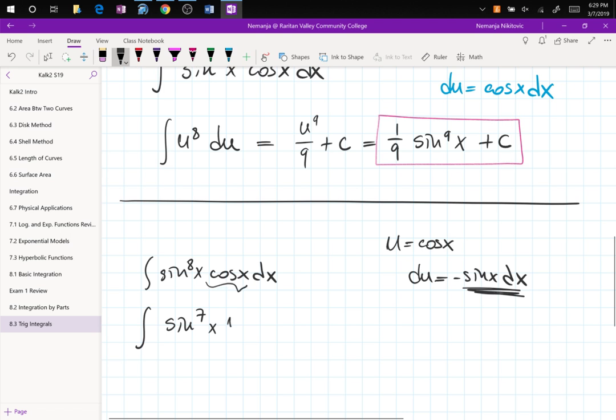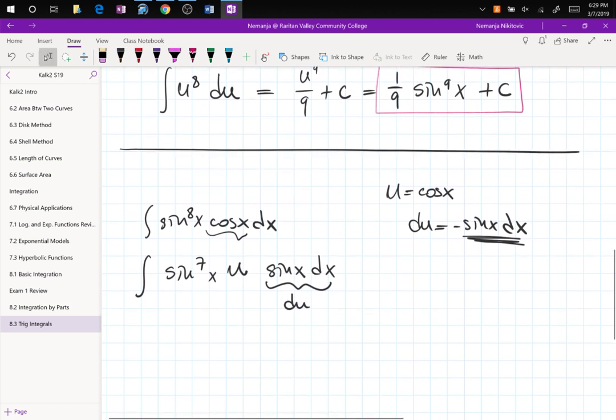Cosine x becomes u, and the one sine x you peeled off, dx becomes du, so your integral is now sine 7x u du, and there is a negative in front. Do you see how this is worse now?